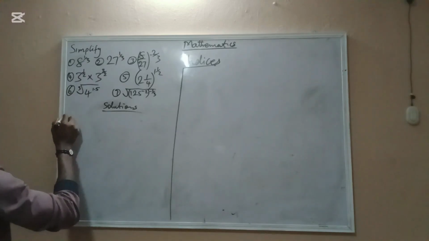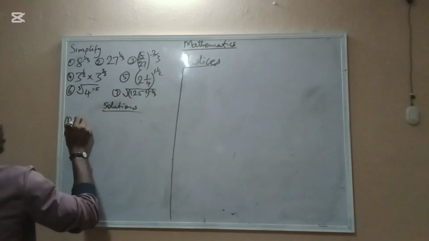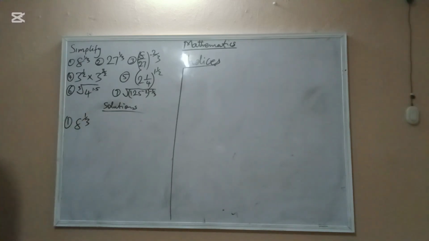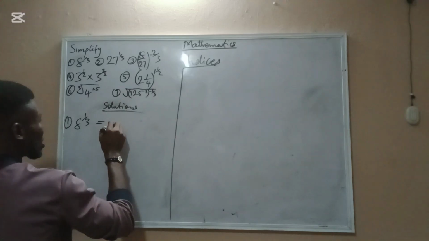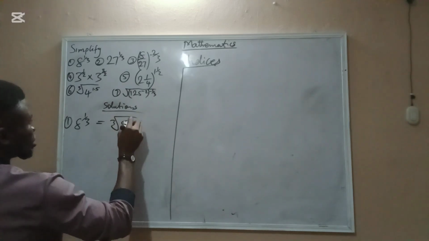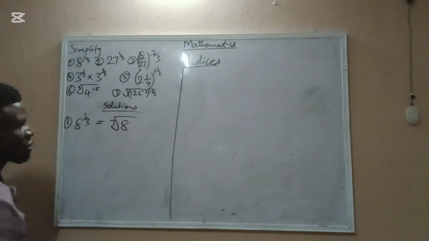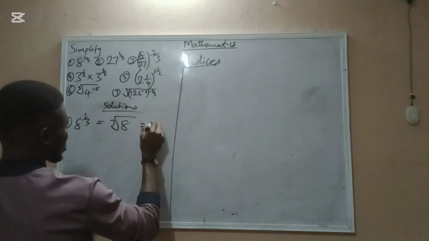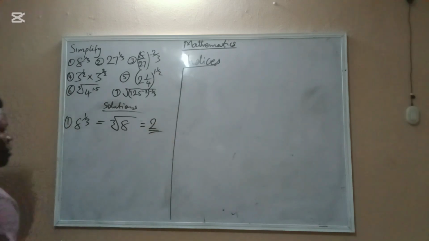The first one there says 8 raised to the power 1 over 3. And this is the same thing, from the law of fractional power, as the cube root of 8. Of course, all raised to the power 1, but even if you raise it to the power 1, it will still give you the same thing. And this equals what? 2.